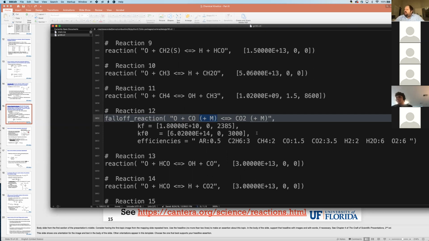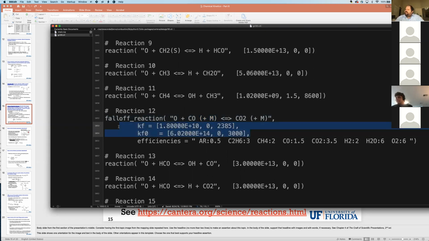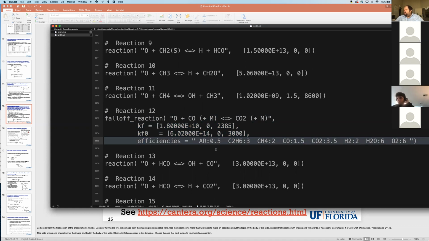Okay, and so here we have our two sets of rate constants, and we have our efficiencies. And now note here, it's not listing any Troe parameters. So this reaction here is using Lindemann blending, which is the exact expression that I showed on the slide.